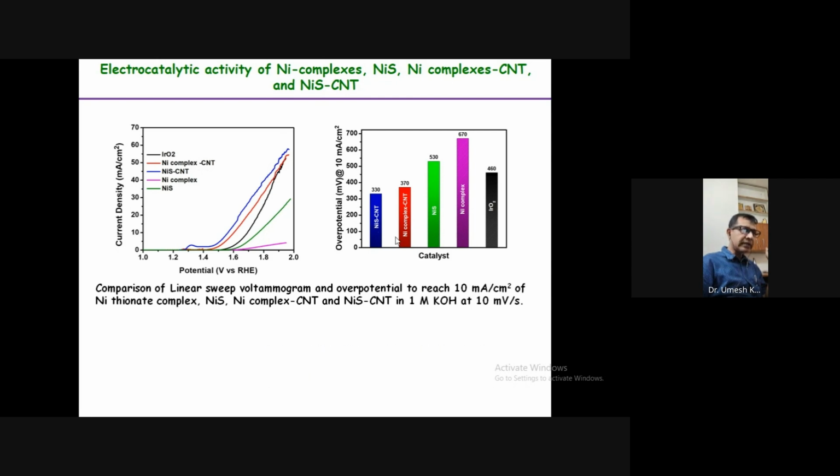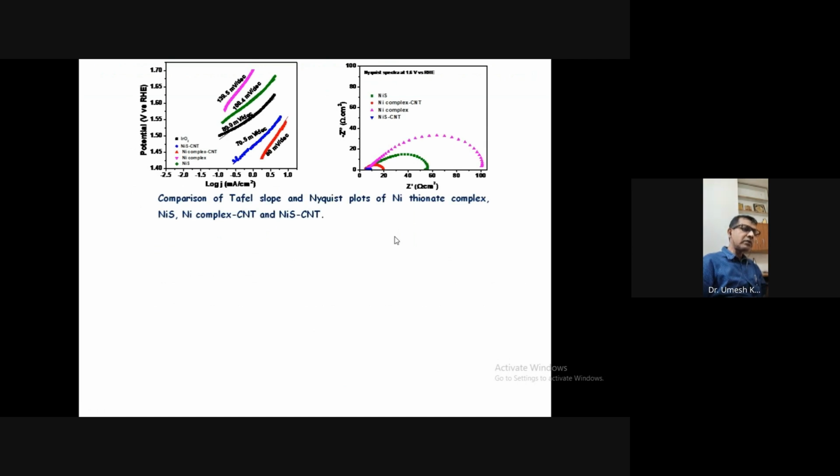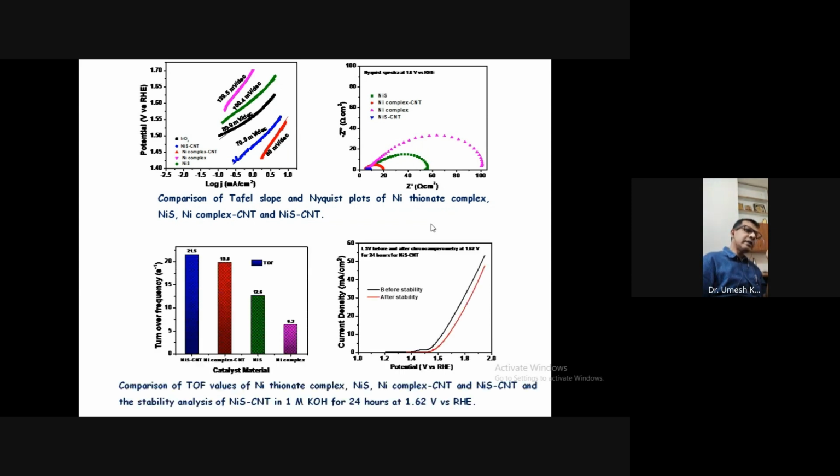This analysis was done again, and we have drawn all the data, comparing the Tafel plots and the negative slope plots for the nickel thiocyanate complexes, nickel sulfide, nickel complex CNT, and nickel sulfide CNT materials.